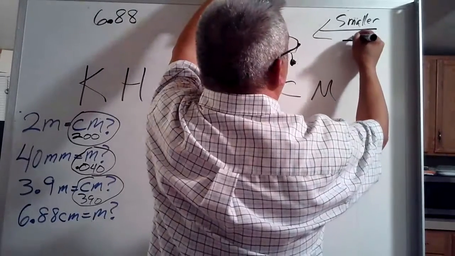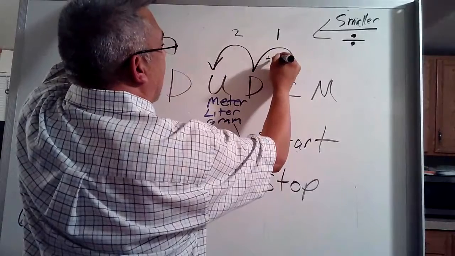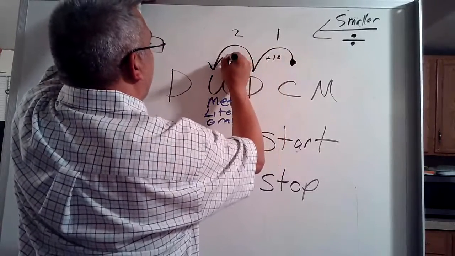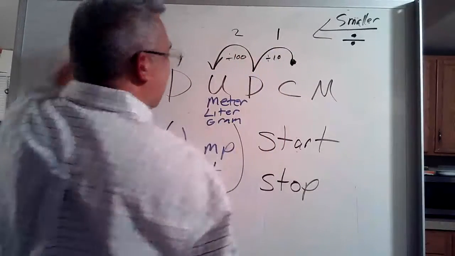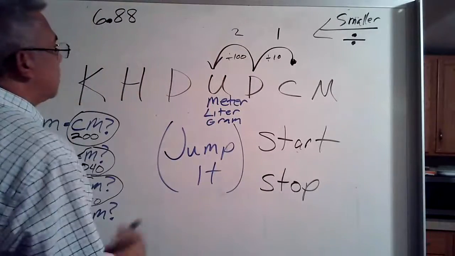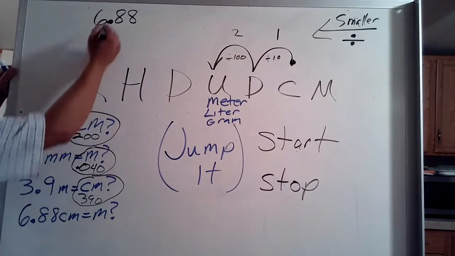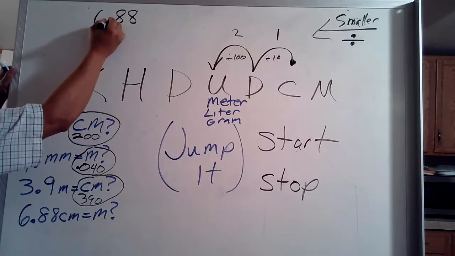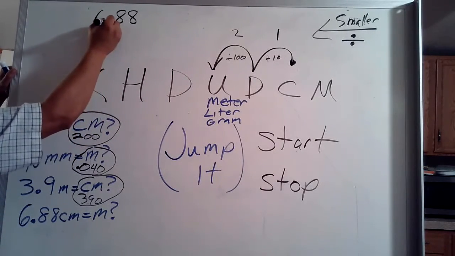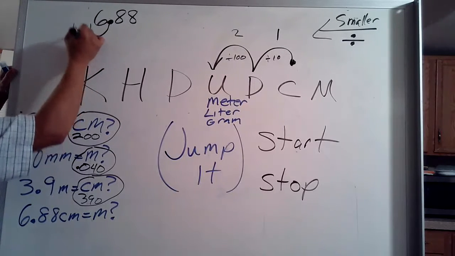Because we're dividing. That is going to be divide by 10, divide by 100. But do I have to worry about all that? No. We're just going to jump the decimal. So where's my decimal at right now? My decimal's hanging out between the 6 and the 8, and we're just going to jump 2 times. 1, 2. 1, 2. Nobody's here.